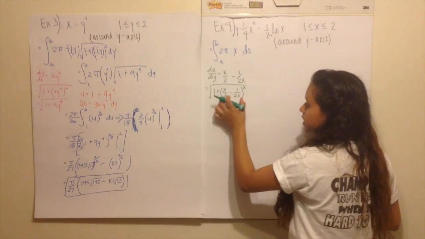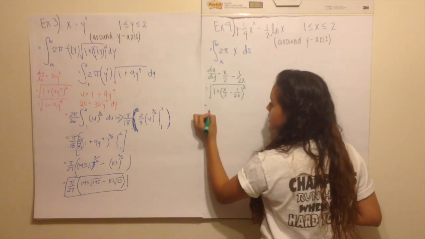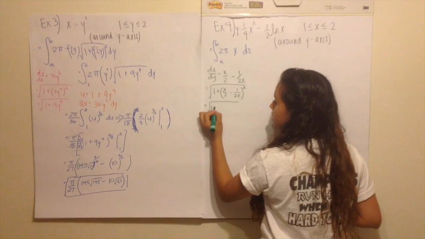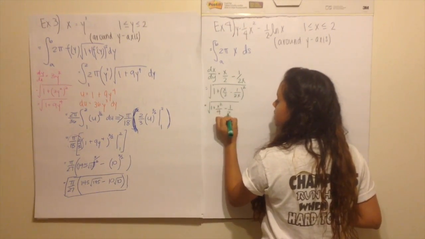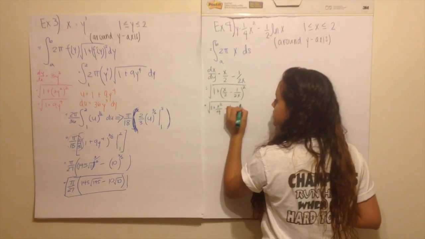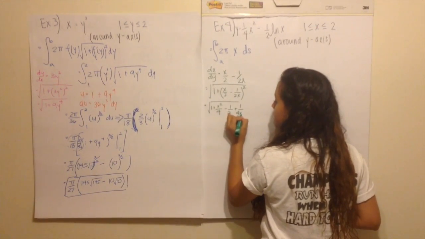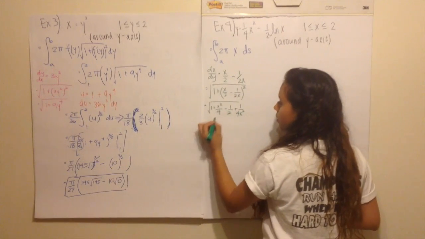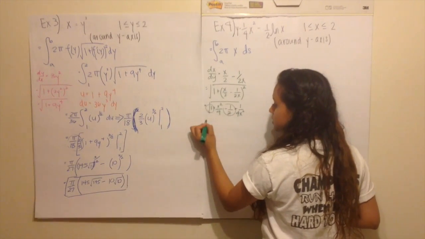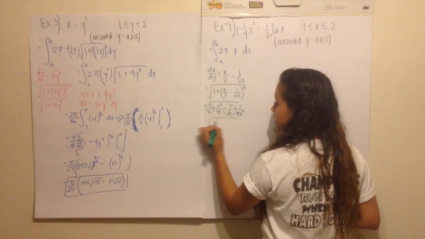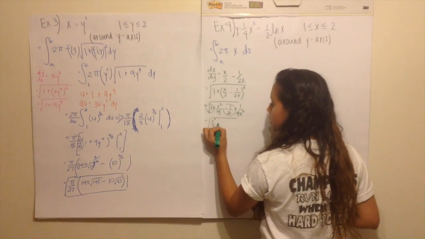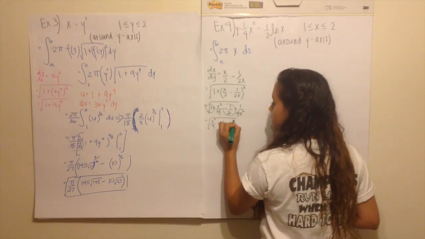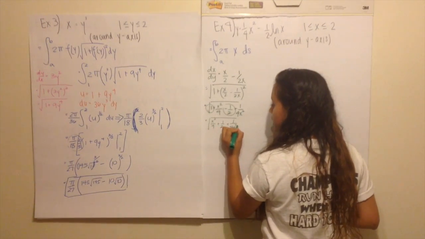So we actually want to solve that. When we solve that, it would be x squared over 4 minus 1 half plus 1 over 4x squared. So we combine like terms, and we get x squared over 4 plus 1 half plus 1 over 4x squared.